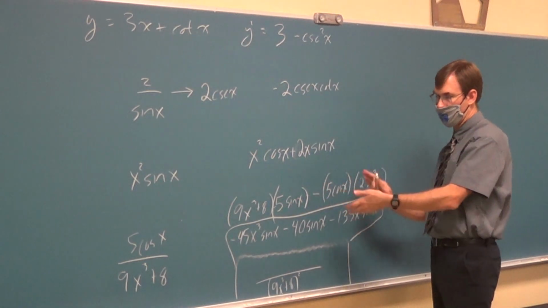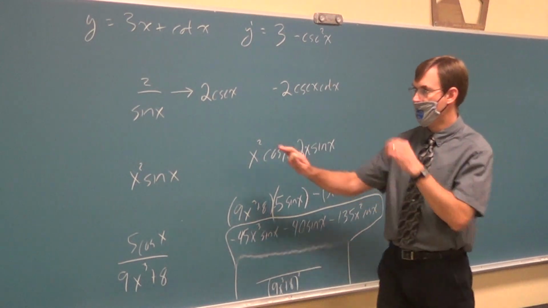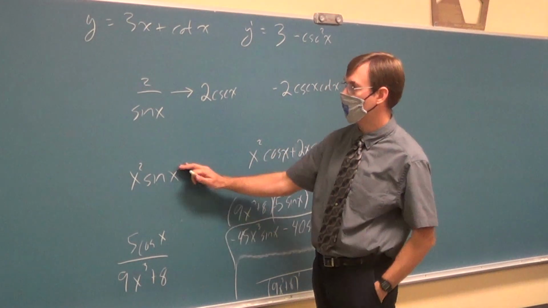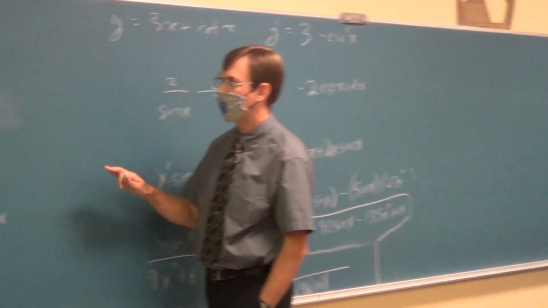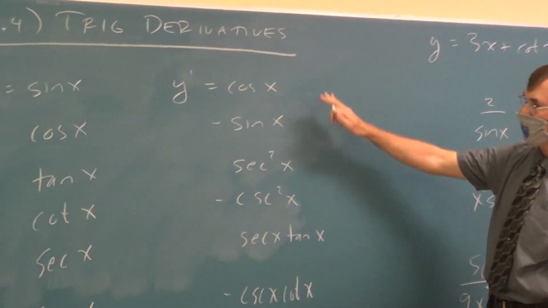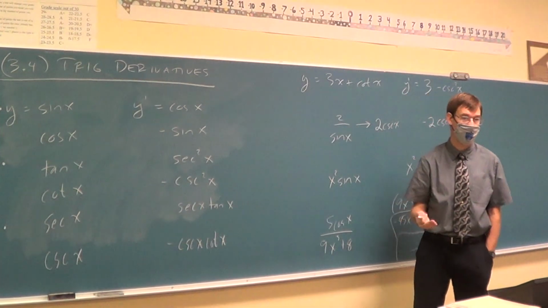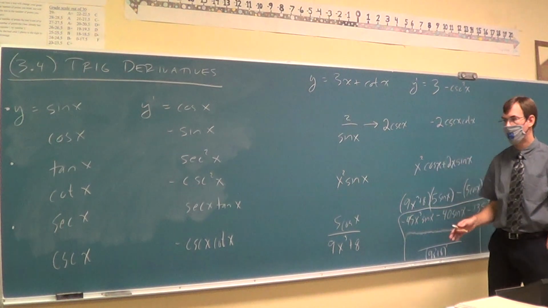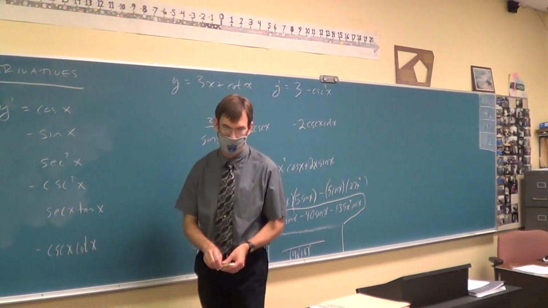Maybe there's questions that you need to do some distributing or foiling or separating fractions and whatnot. But there is going to be a little bit of quotient rule, a little bit of product rule, I have to believe, but that's not really new. The key thing is memorizing these 6, but like I said, if you have weaknesses from 3.2, that's going to appear from time to time until we can strengthen those weaknesses.